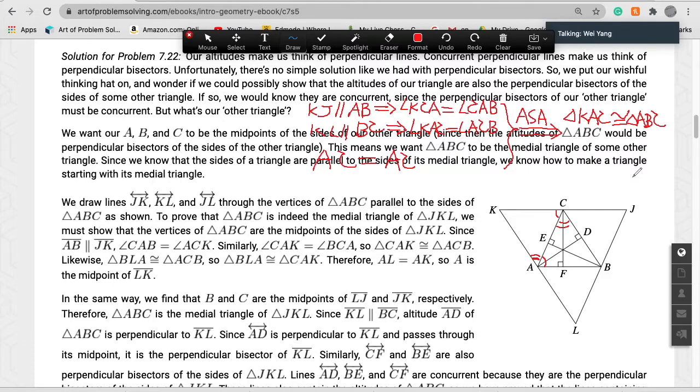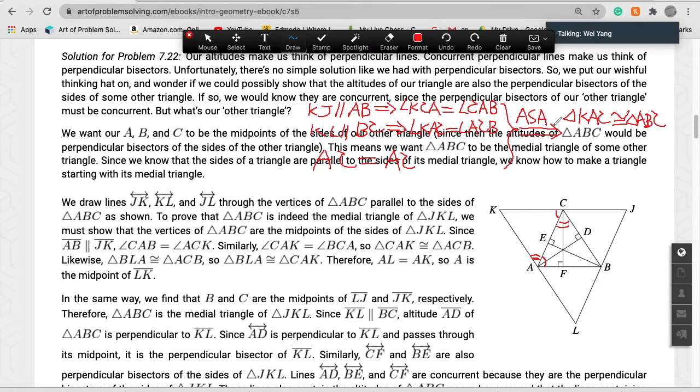So we proved this. This is part B: show that CAK is congruent with ACB. We proved this, right? We used the angle-side-angle theorem.